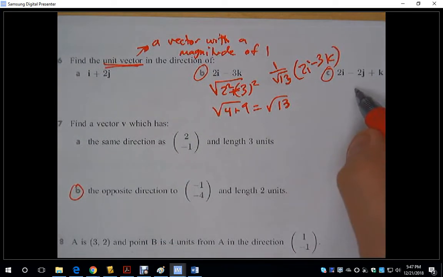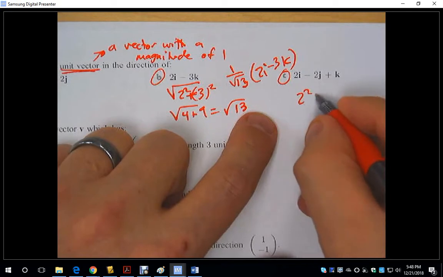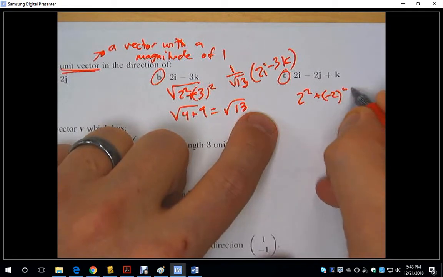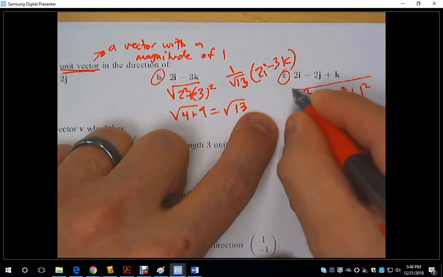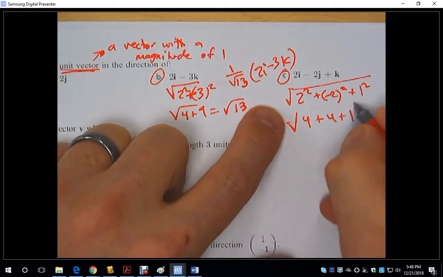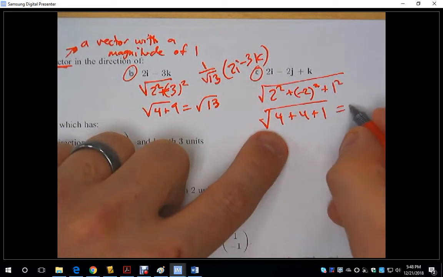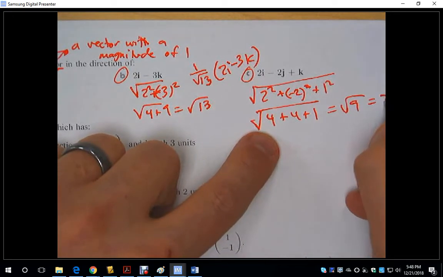All right, let's do another one. I want to find the size of this vector. We have 2 squared plus negative 2 squared plus 1 squared, all under the square root. So that gives us the square root of 4 plus 4 is 8, plus 1 is 9. So I have the square root of 9, which is just 3.